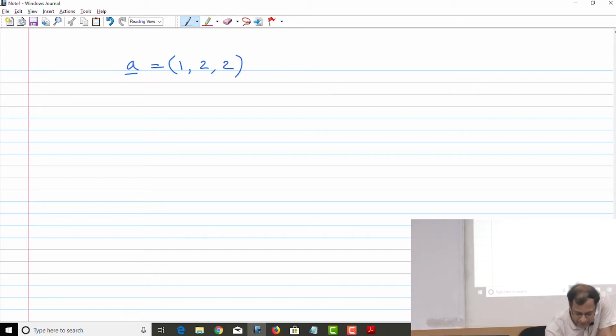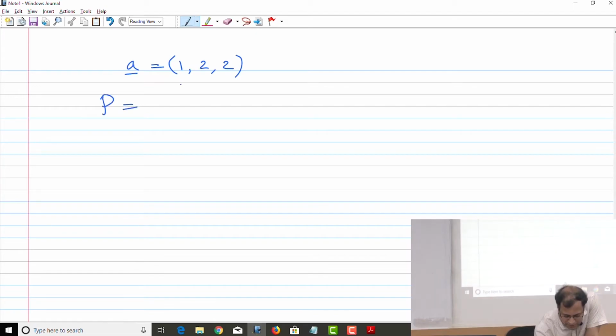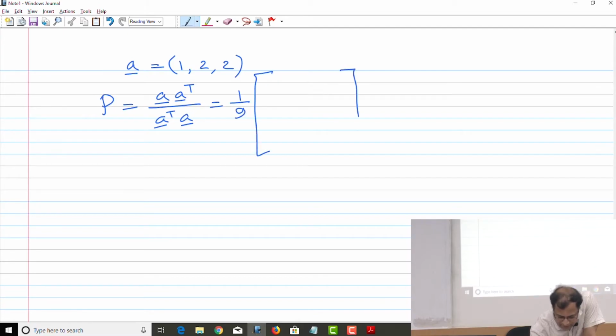And what is the projection matrix P? This is A A transpose by A transpose A. A transpose A will be 1 plus 4 plus 4, that is 9, right? So 1 by 9, and what is the matrix?